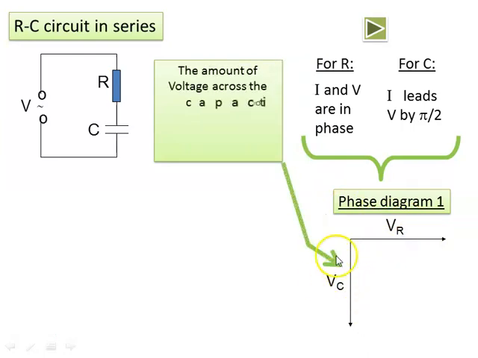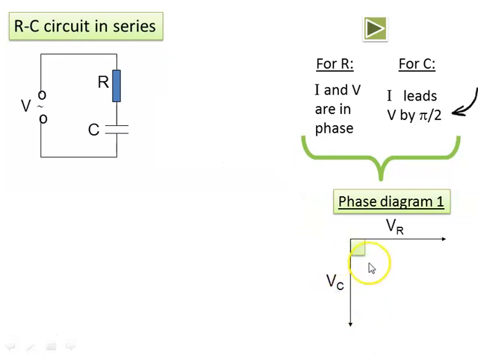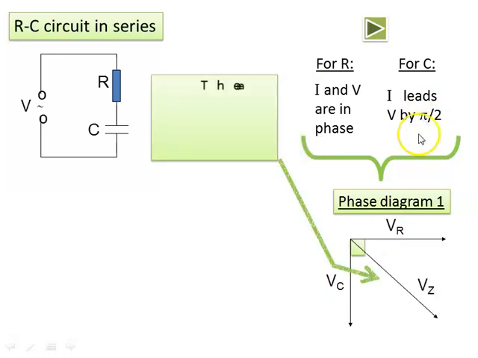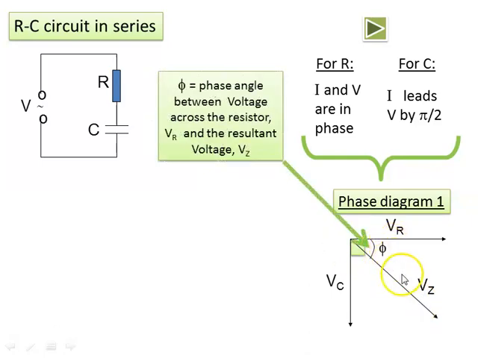And the amount of voltage across the capacitor is represented by the length of the vertical line. So the angle between the two, VR and VC, is pi per 2, 90 degrees. Therefore, using vector, the amount of resultant voltage Vz is represented by the length of the diagonal line. And the angle between Vz and VR is called the phase angle.